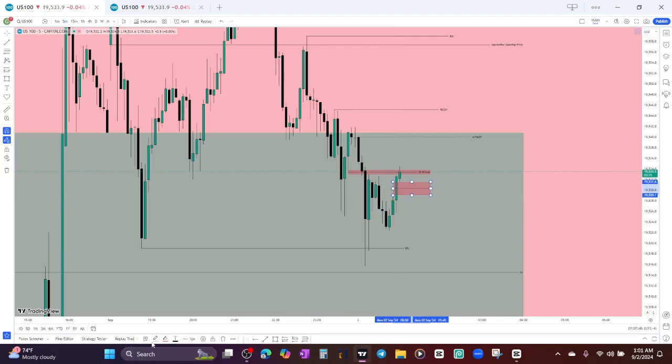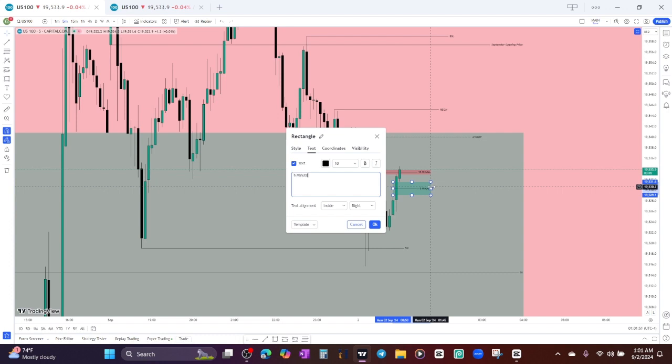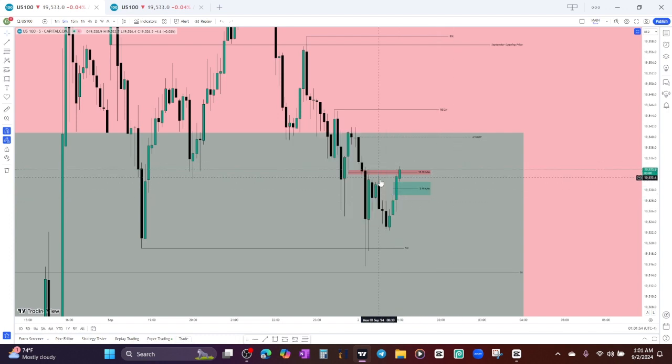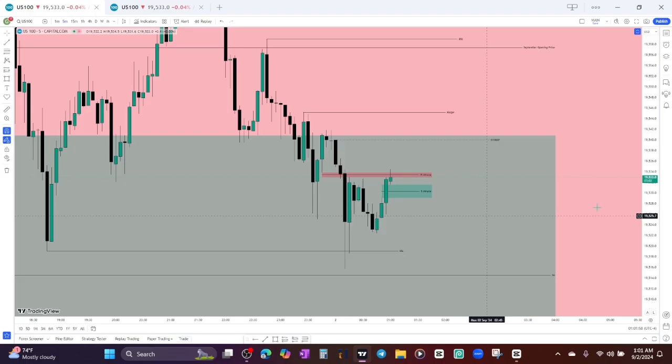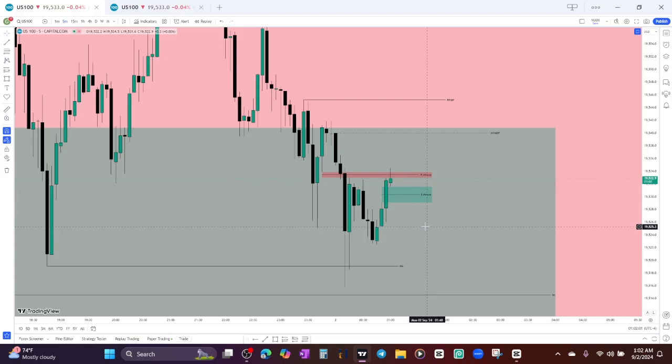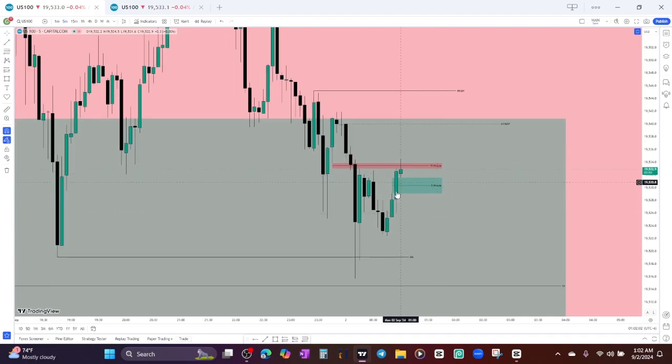Here we have a 5-minute bullish fair value gap that we could enter off of. We could just buy here, just out of the fact that this is a market structure shift. We're forming a bullish fair value gap.